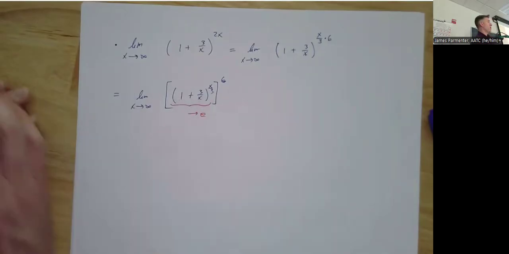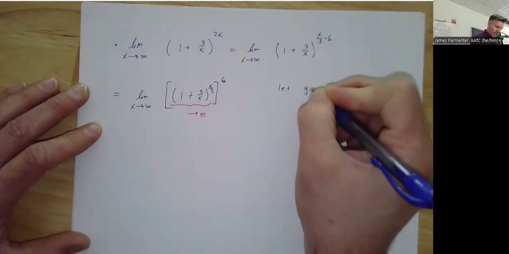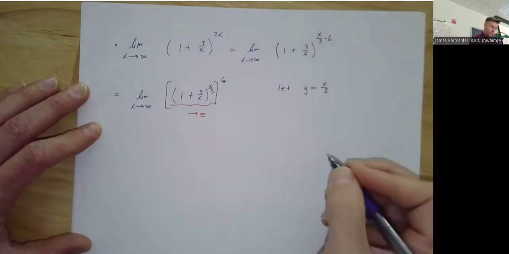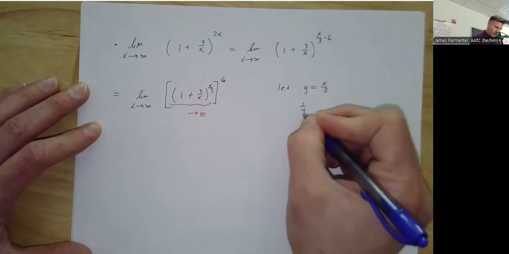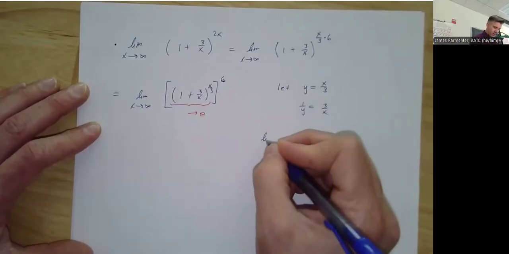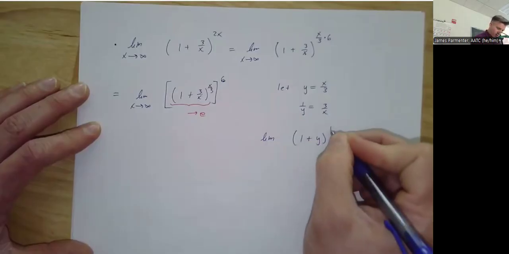In fact, if you really wanted to get technical about it, you could do a change of variable and say, I'm going to let y equal x over 3. Then 1 over y is equal to 3 over x. And then I really have the limit of 1 plus y to the 1 over y.